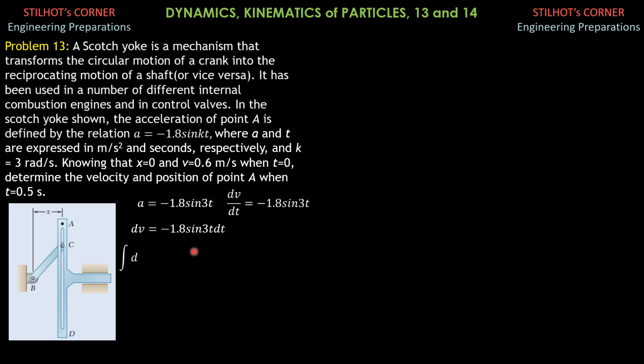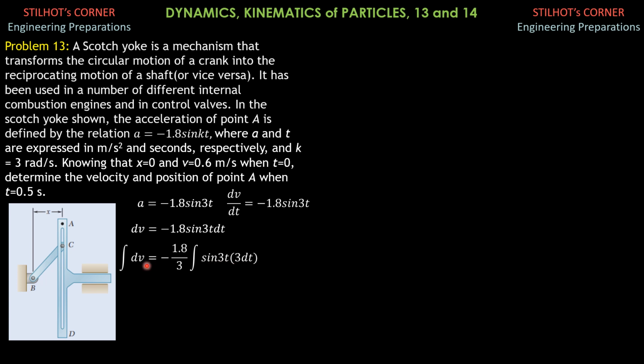So the integral of dv equals negative 1.8 over 3 times the integral of sine 3t times 3 dt. The integral is in the form sine of u du, and the integral of sine u is negative cosine of u, so negative cosine of 3t.